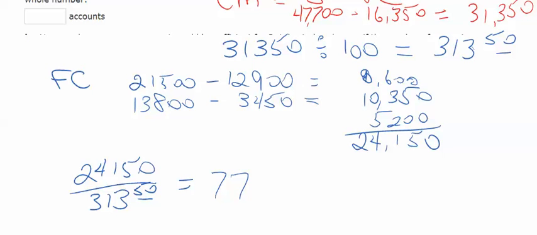So it looks like 77 accounts would be the number of accounts I would need just to break even.